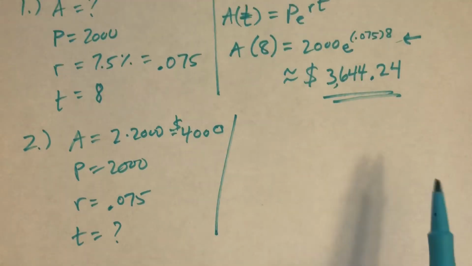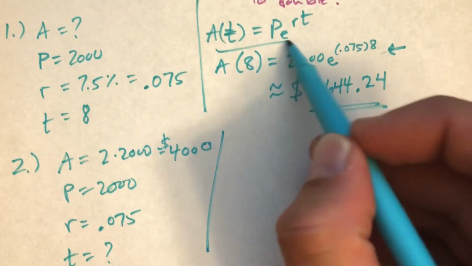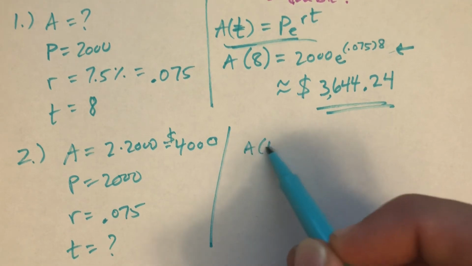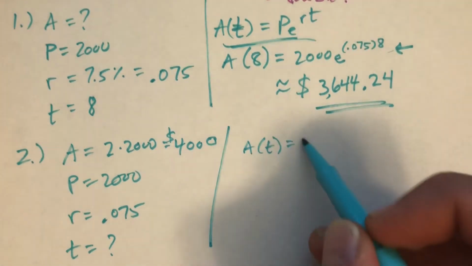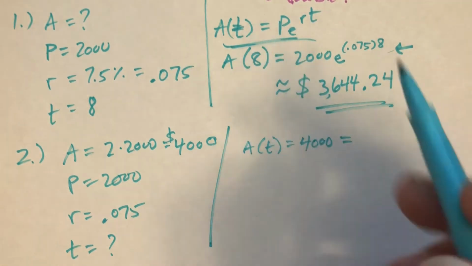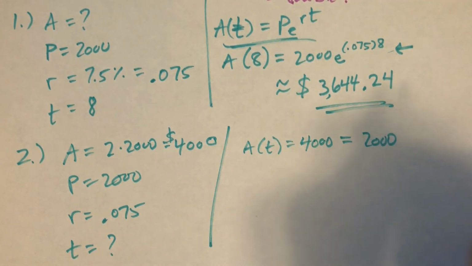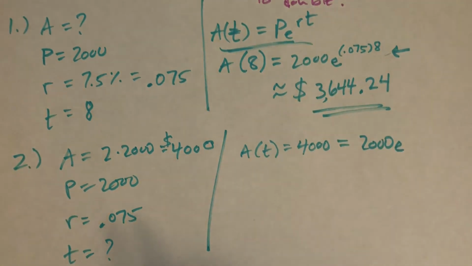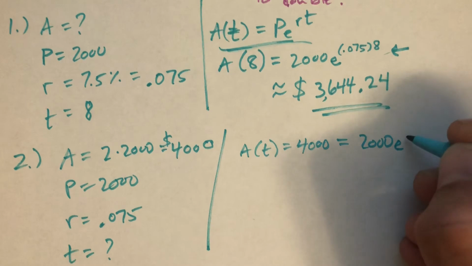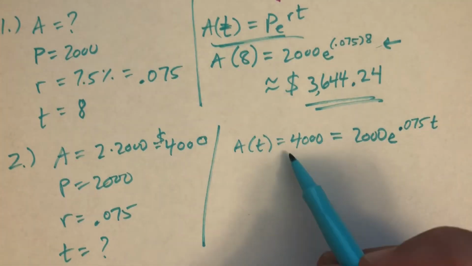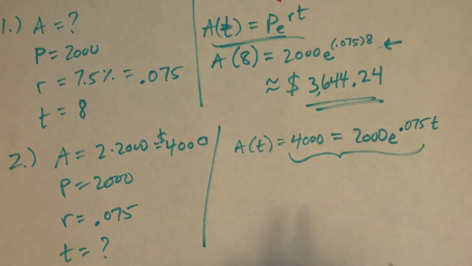So now we can just plop it in the formula. A of t is equal to 4,000, and that's equal to the principal, 2,000, times e raised to the power of the rate times the time. So we got the rate, 0.075, and we've got a t. If there's a hard part of this problem, here's the hard part.